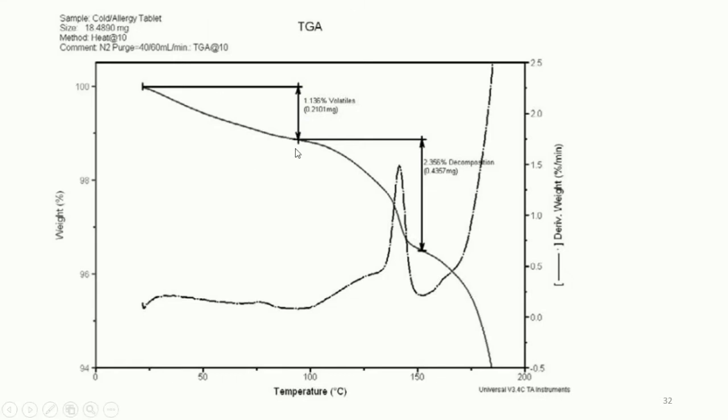It is quite obvious in this picture, which is the thermogravimetric curve of the cold, or we can say allergy, tablet.